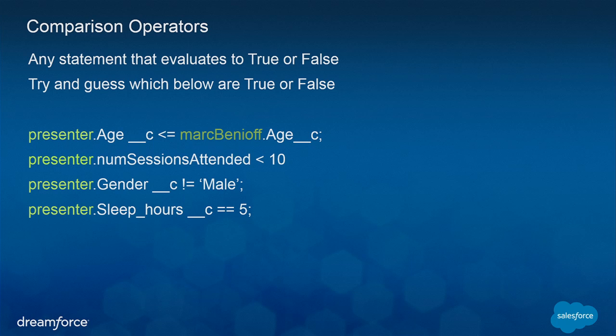Perhaps I pulled down a whole list of all contacts, and assigned one particular contact to be a presenter. And then I wanted to figure out what the age of my presenter was and the number of sessions and so forth. The white ones would be the fields, and the yellow one would be the variable presenter that we've already set up somewhere else in our code.